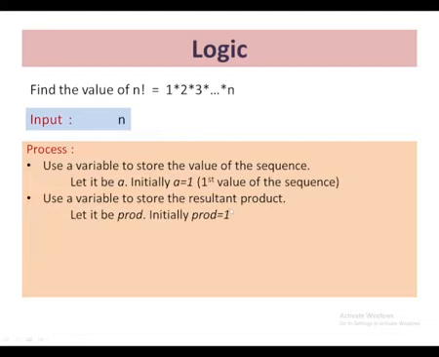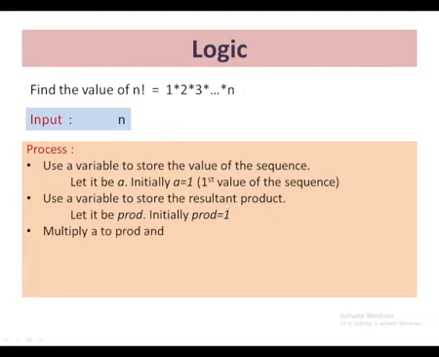Why is it initialized to 1? Because it is multiplication. When you find a product, the initial value should be 1. When you are doing summation, the initial value will be 0. But when you are doing multiplication, I cannot set it as 0, because 0 multiplied by any other value will result in 0. So the initial value should be 1.